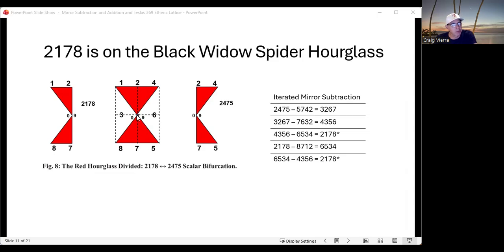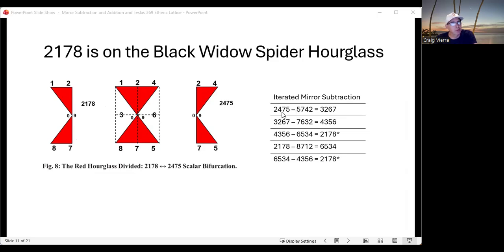If you pull up this constriction point here, which would be the null point, and you were to break this apart into two, symmetrical, right down the seam, you'd get 2178 on this side. On the other side, you get 2475.